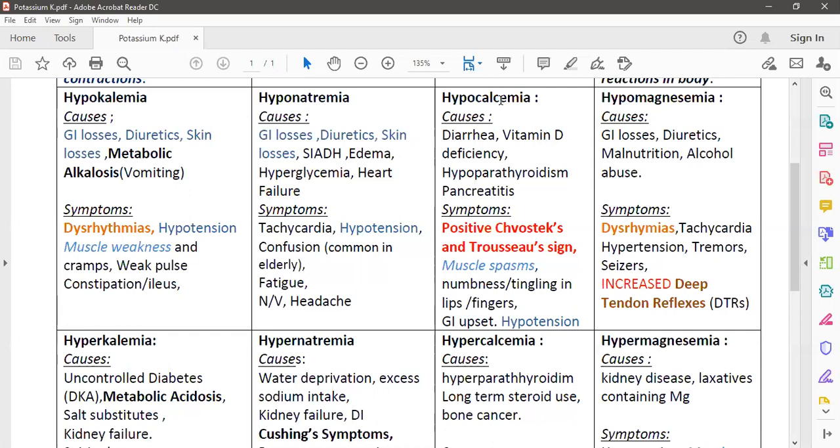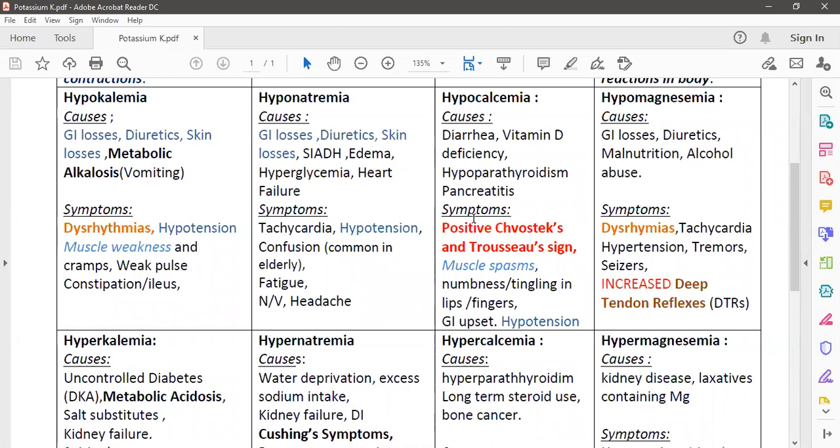Some patients have a history of malabsorption, or if your patient has hypomagnesemia, they also have hypocalcemia. Or if your patient has sepsis or alcohol abuse, they develop it. This question is frequently asked on the NCLEX board.